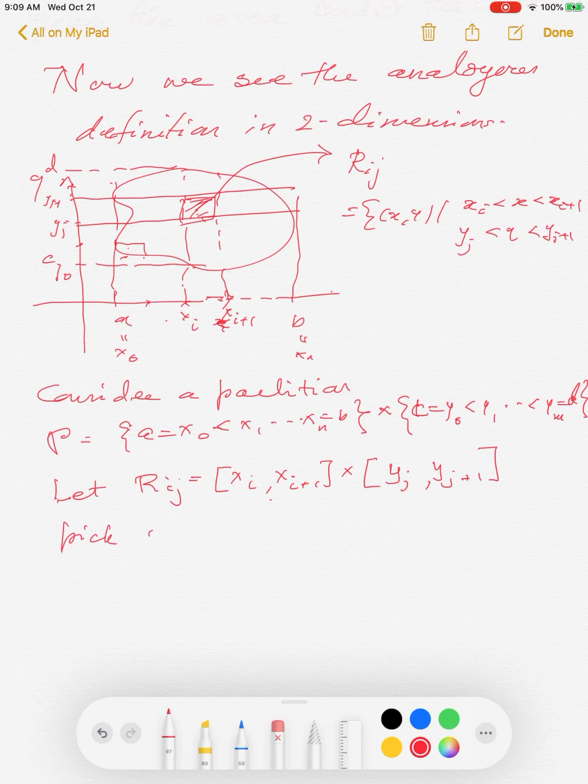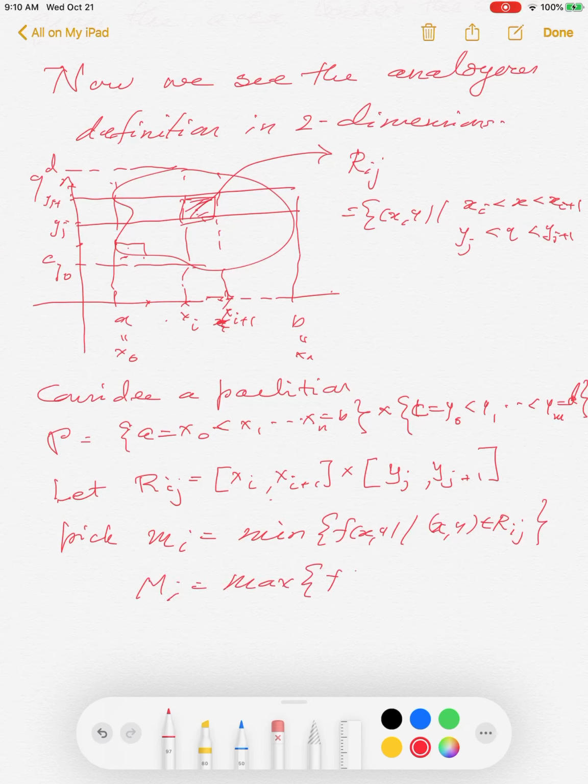And then you pick little m_ij to be the minimum of the function f(x, y), where (x, y) is in R_ij. Capital M_ij is the maximum of f(x, y), where (x, y) varies in R_ij.